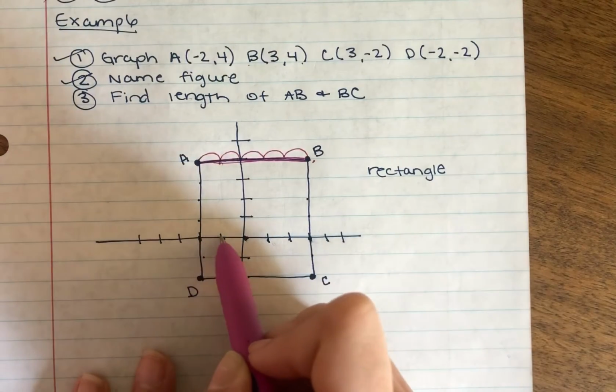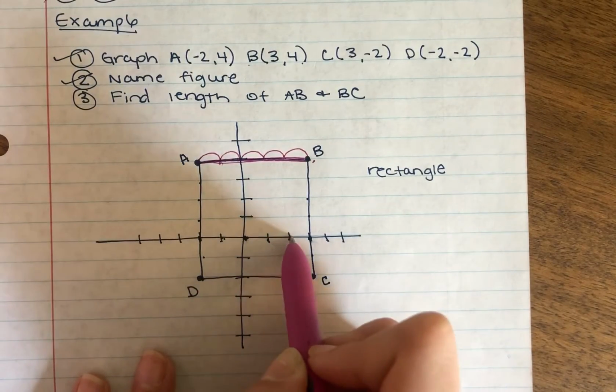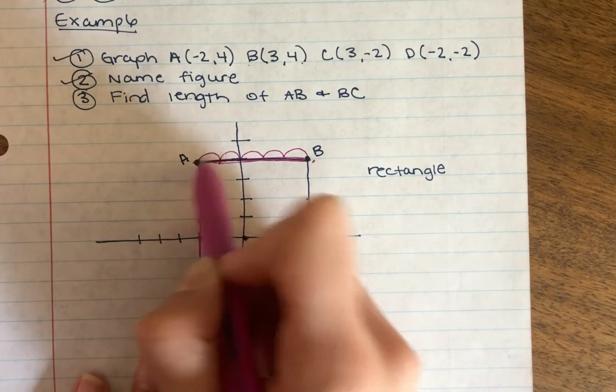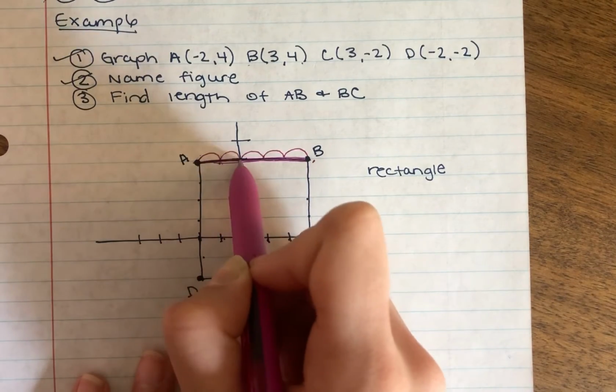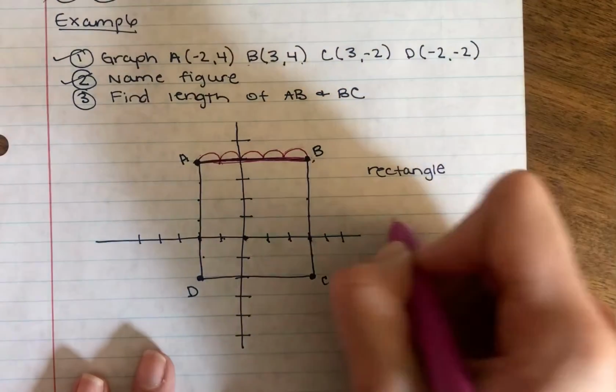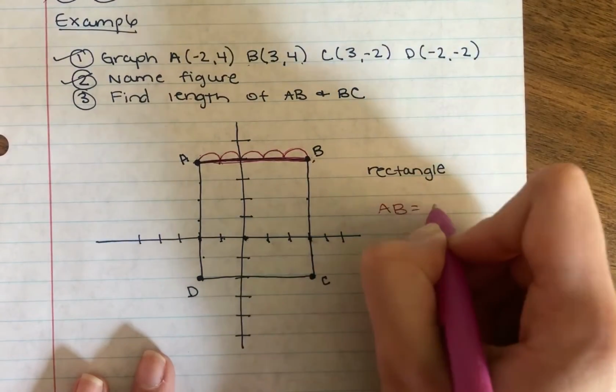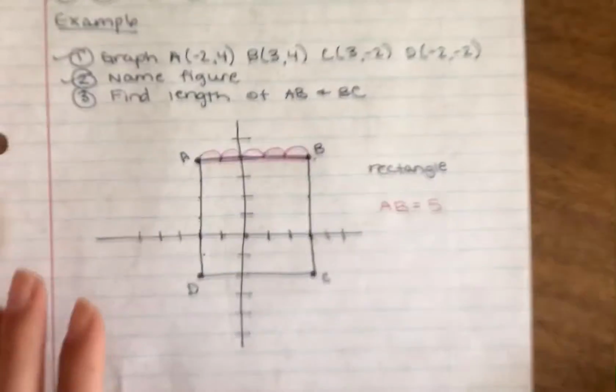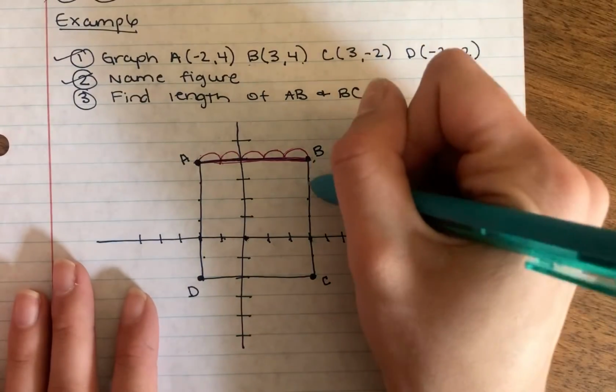So notice how I just went however many jumps it is on my axis. And now we can count how many bunny hops it took to get from A to B. 1, 2, 3, 4, 5. So that means that AB is 5 units long. Easy enough. All right, last one. Let's do BC.